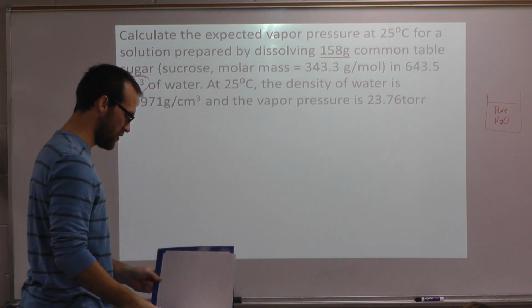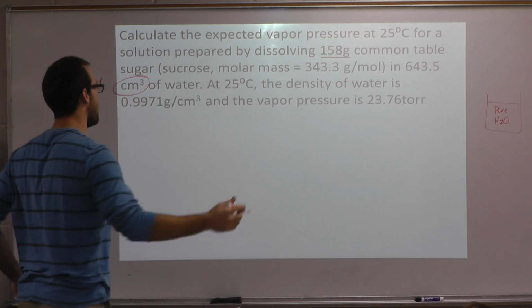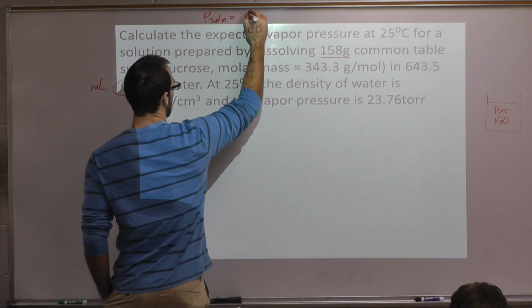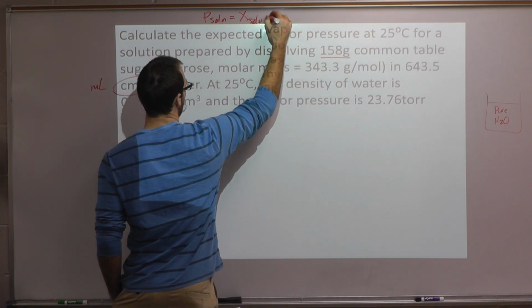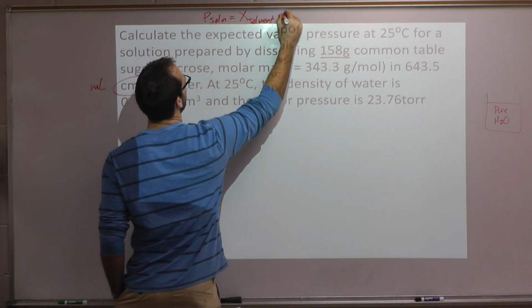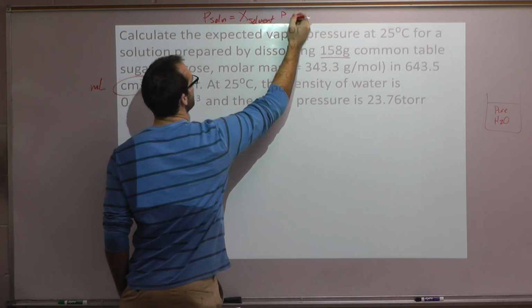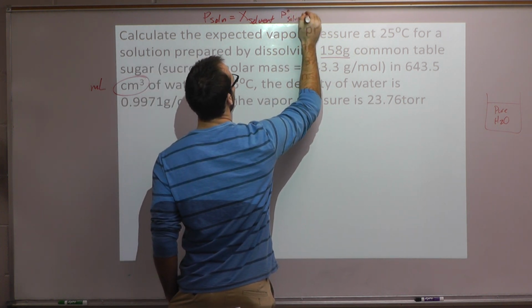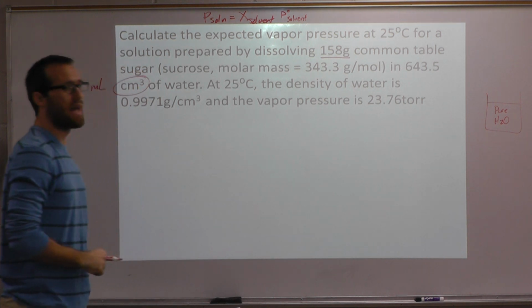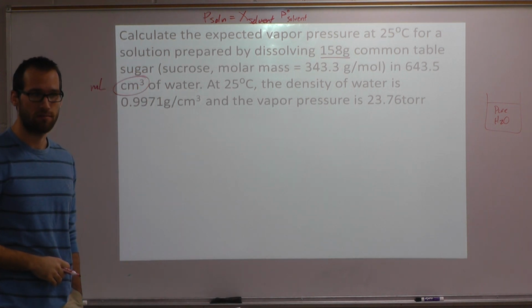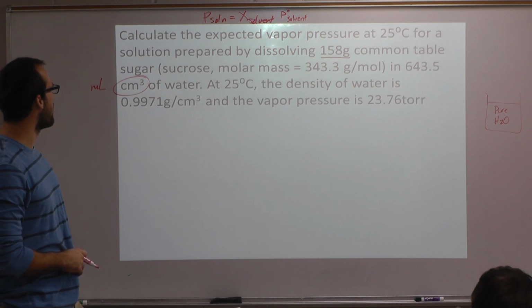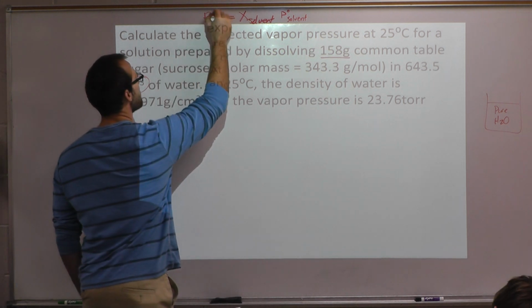So, based on Raoult's law, what's the main thing we're going to have to figure out? Because essentially, the other stuff is constants. How much of it is solvent? Yeah, so we've got to find the mole fraction. We're solving for the solution vapor pressure.